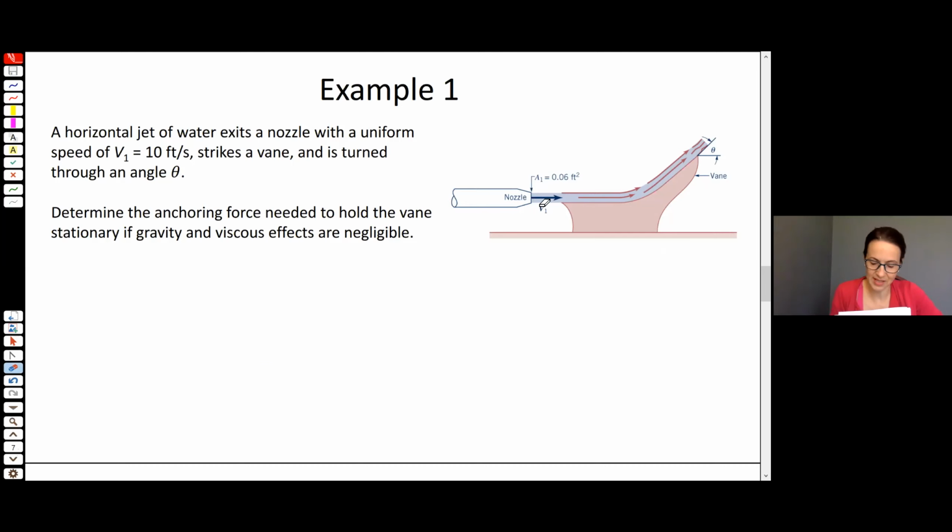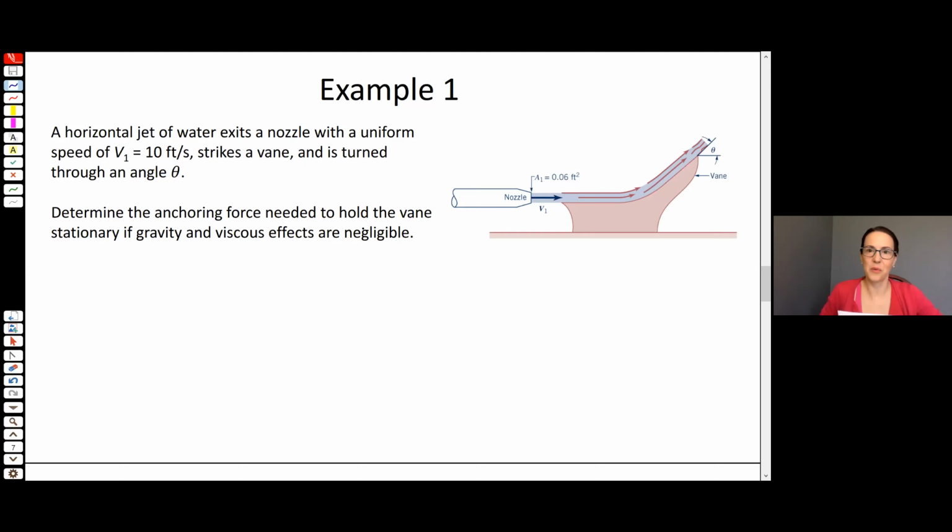So we're given the velocity here from the nozzle, we're given the cross-sectional area of the jet, and then we're given this angle theta. We're also told that the speed of the jet is 10 feet per second, and we want to determine the anchoring force needed to hold the vane stationary if gravity and viscous effects are negligible, okay?